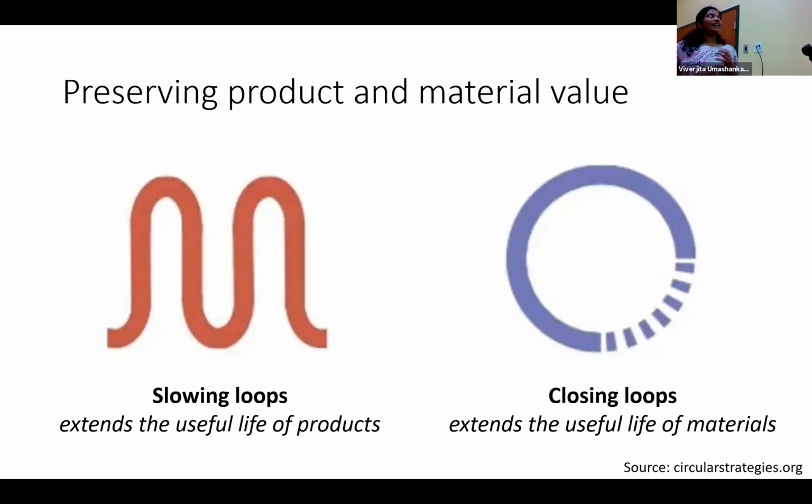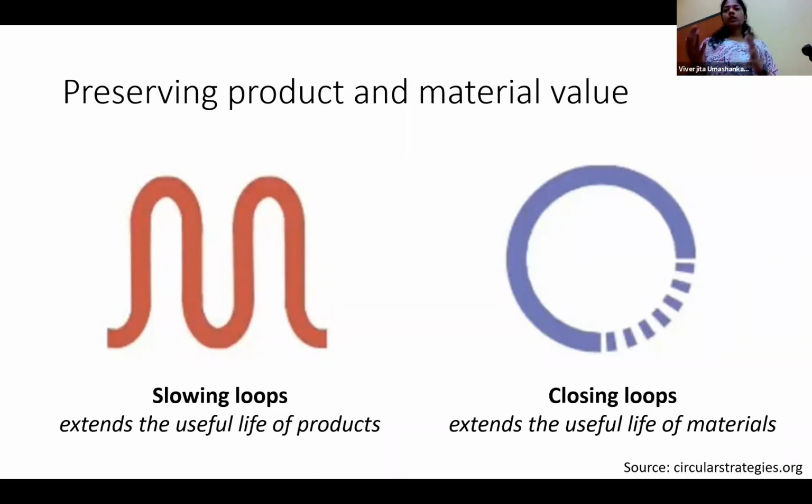Fairphone follows this idea of slowing the loops by making sure that their products are upgradable and that they last longer. This means giving consumers and other businesses the ability to repair, to refurbish, to retrieve components, and to remanufacture products. So that is one idea of slowing loops.